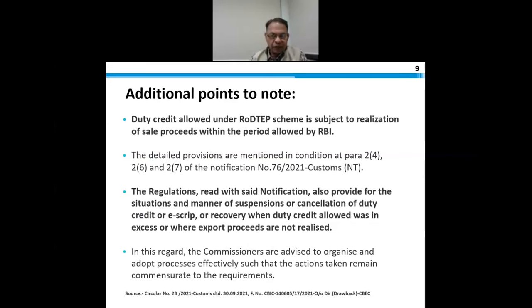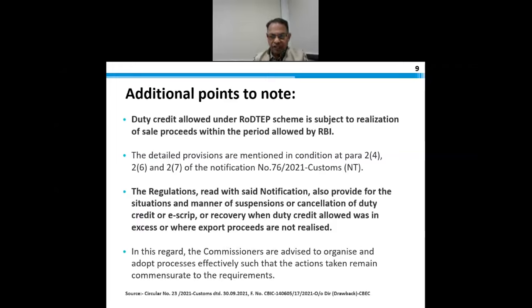In other words, the comparison of RoDTEP is done with drawback. The way, if you don't receive the foreign exchange realization within the specified period of time or extended period of time, the government can ask for a refund of these. They said if you do not receive money, then the same principle will apply for RoDTEP.